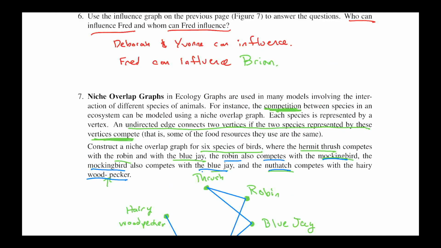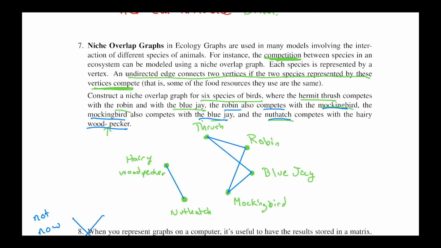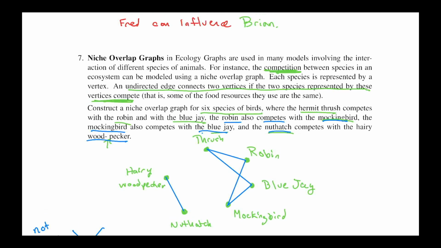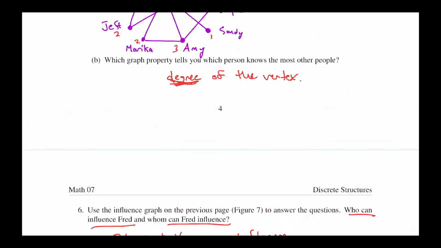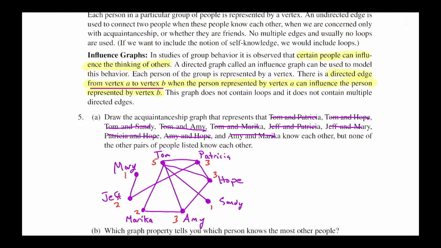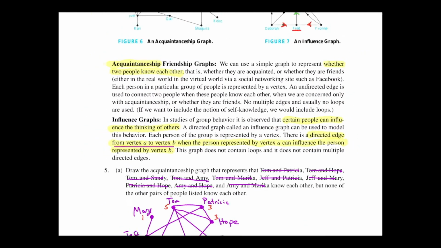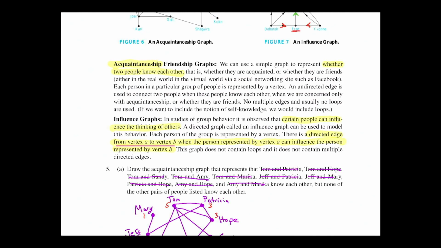What are you supposed to know? Well, what is a graph? What are things like loops, multiple edges? Degree of a vertex should make sense to you. And also niche overlap, acquaintanceship, and influence graphs should all make sense to you. The homework just asks you some simple questions like these.